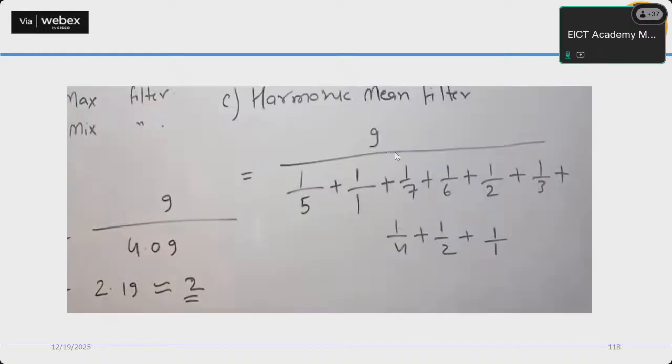The harmonic mean is basically based on the reciprocal. You are able to calculate this way.